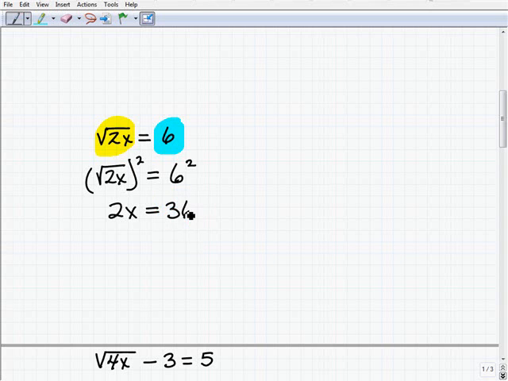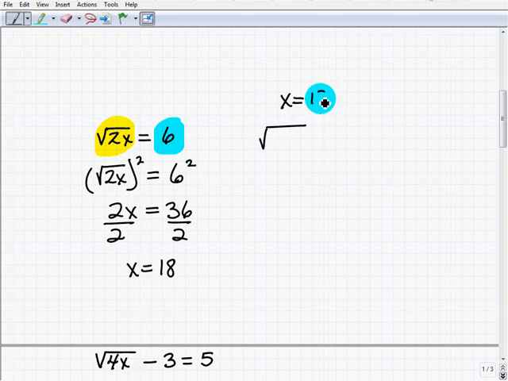Go ahead and solve the remainder of the equation and check your answer. You should be able to do that at this point in your studies. Okay, so we're going to divide both sides of the equation by 2, and we get x is equal to 18. Now we need to go back and check our solution.